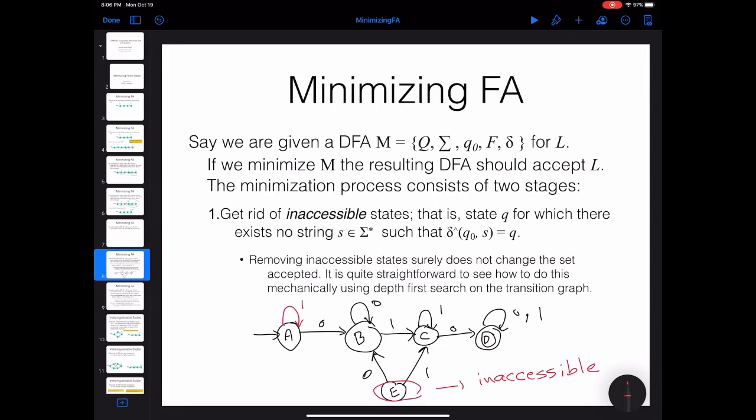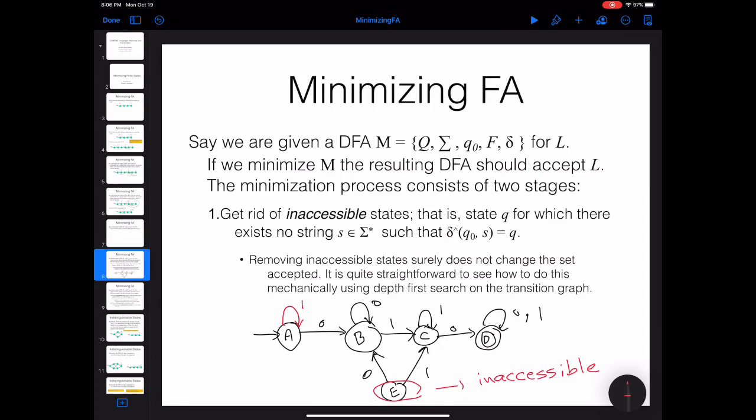from the starting state. You might ask why I have this inaccessible state. In fact, when you are converting the states, remember we have talked about the closure properties.